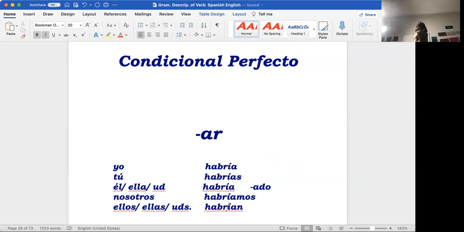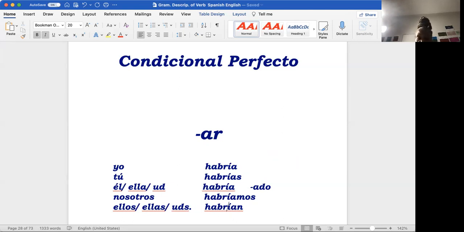And then the ado being for the AR verb, which is the main verb. Habría caminado, habrías hablado, habría caminado, habríamos hablado, habrían caminado, habrían hablado, habrían tocado, complicado.